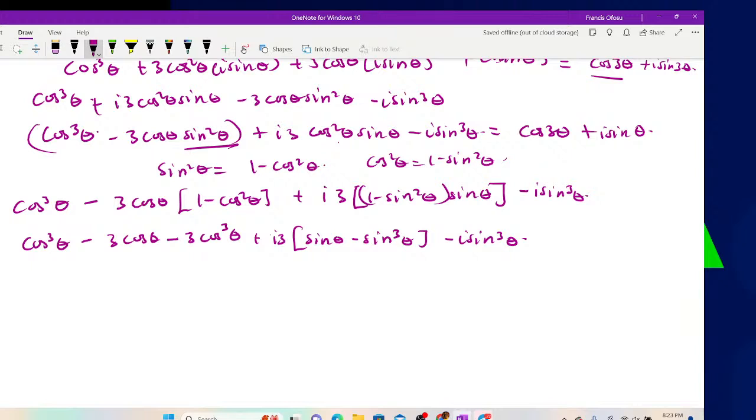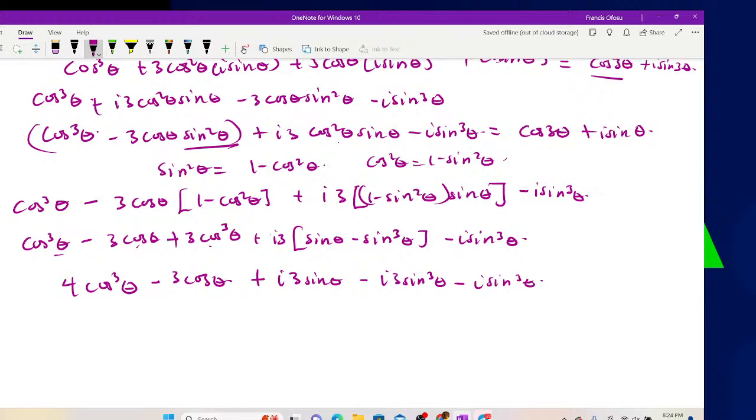When you're multiplying, negative 3 cos theta will be here, then this should be plus. So I'll have this plus this to give me 4 cos cubed theta minus 3 cos theta, this side, right? Plus, I will factorize i out, but I have i3 here, so let me expand here. I'll have i3 sin theta, then minus i3 sin cubed theta minus i sin cubed theta, right?